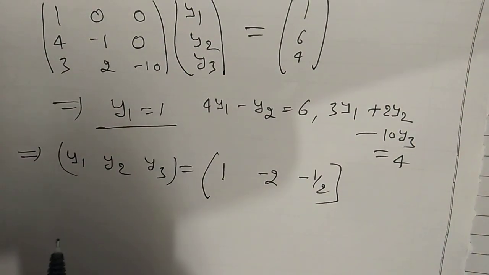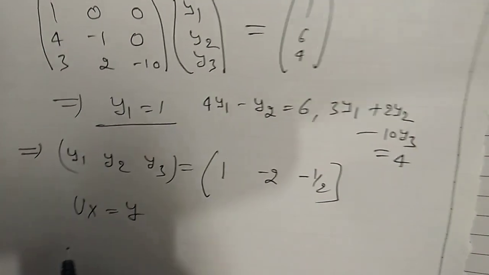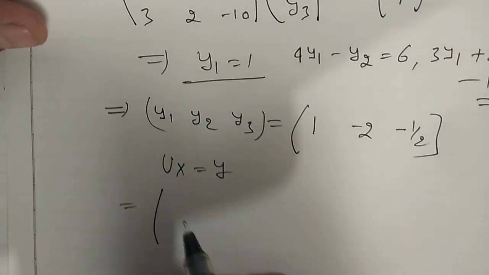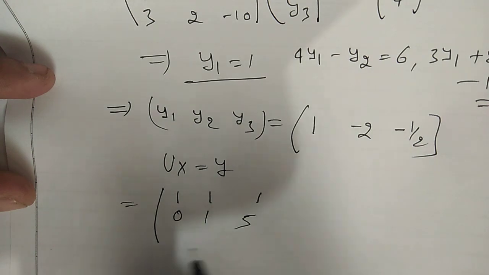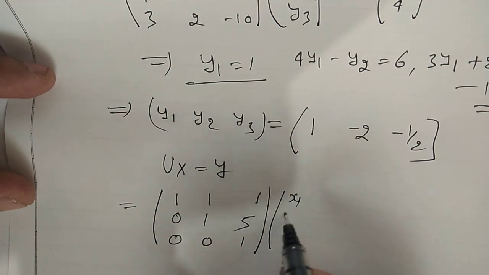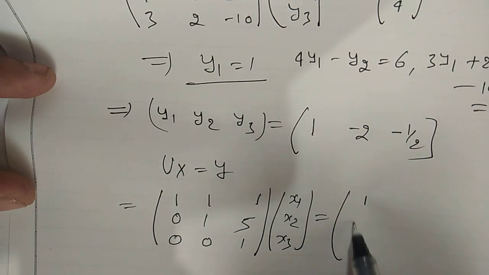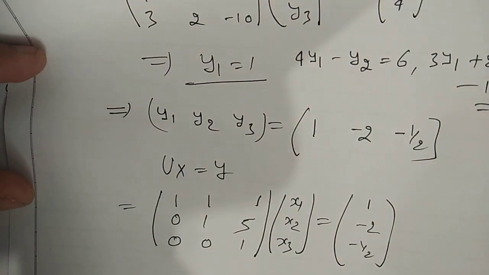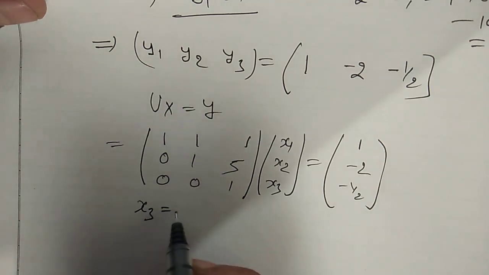Now once we get Y, we can solve Ux equal to Y. Your U matrix is [1, 1, 1; 0, 1, 5; 0, 0, 1], x1, x2, x3 equal to 1, -2, -1/2. From here we directly get x3 equal to minus half.